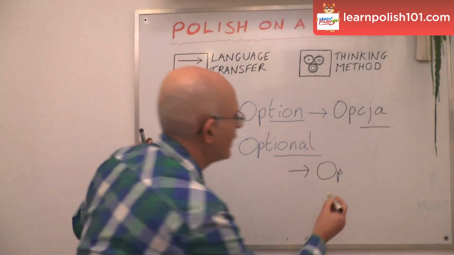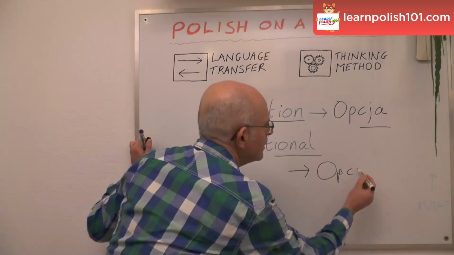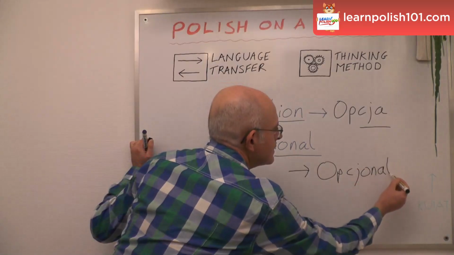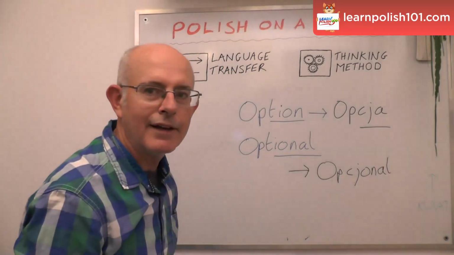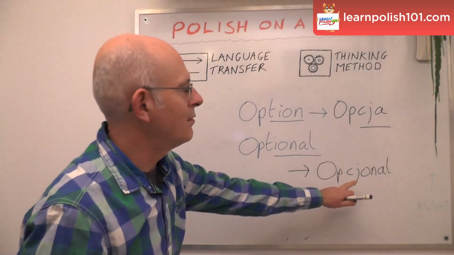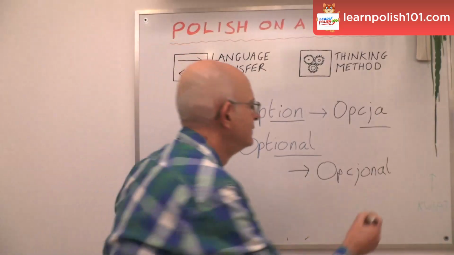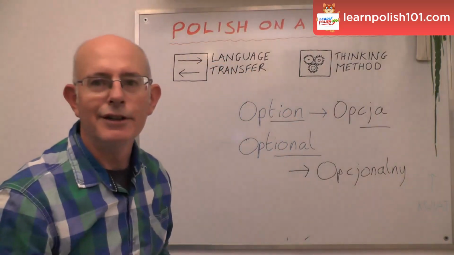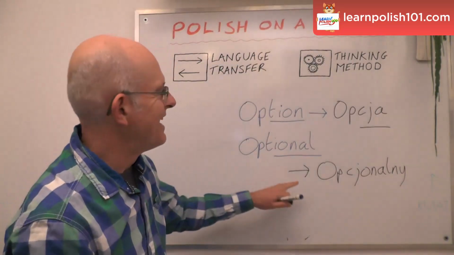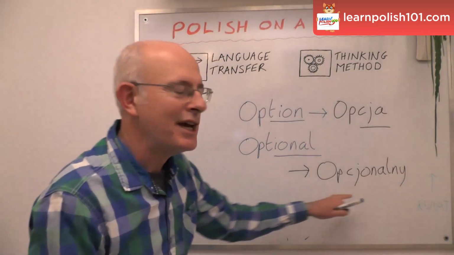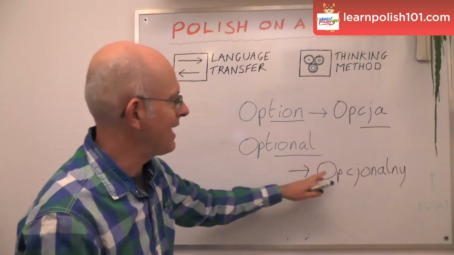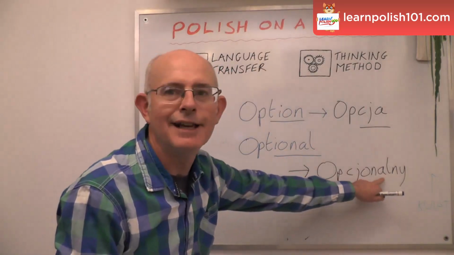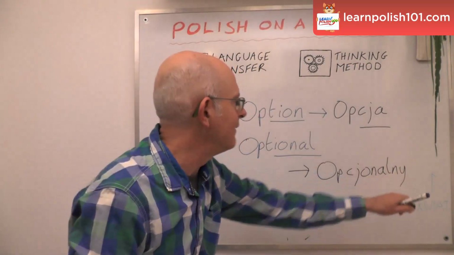And then we will add -cjonal, like that. And then we will go, -ny. We'll put an N and a Y on it. So it becomes quite a long word, but we can just think of it like that, of what we need to drop, what we need to add.